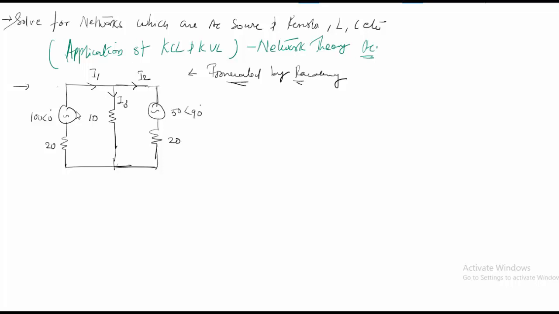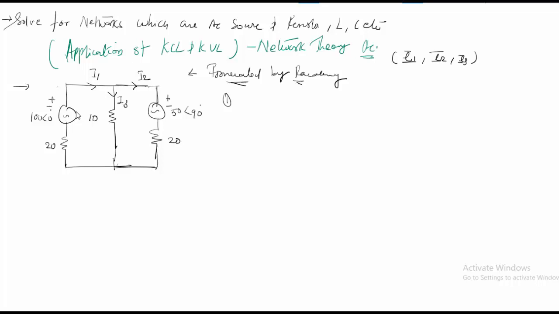We'll just check after getting the result if everything is correct or not. So this is a circuit which is having two AC sources, having the polarity as shown here. So the first step is to apply the KCL and the KVL, and the question is to find the branch current I1, I2 and I3.